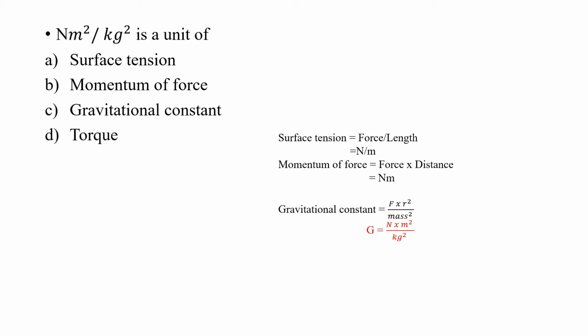So the unit of gravitational constant is Newton meter square per kilogram square. Last option is the torque. Torque is also the same as moment of force, a product of force and distance, so the unit will be Newton meter. Our question, Newton meter square per kilogram square, is a unit of option C, gravitational constant.